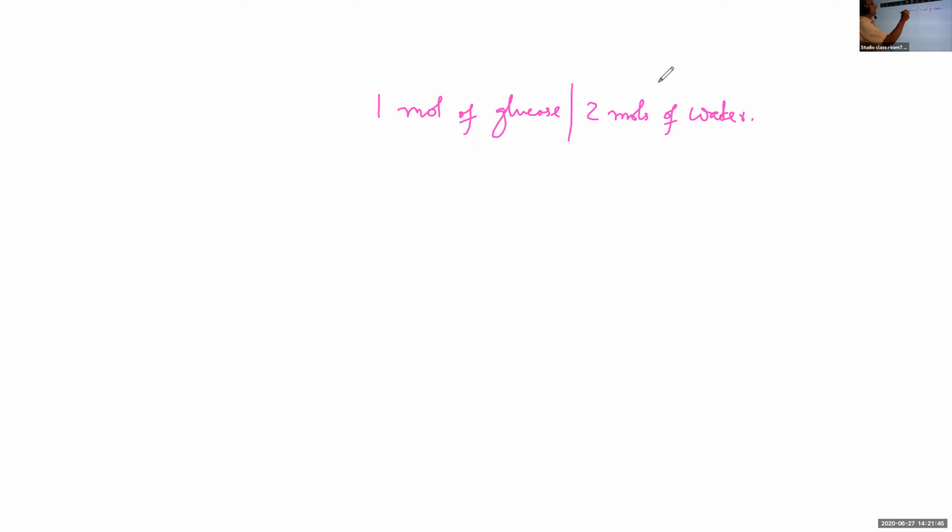Okay. Here, glucose is the solute, so the mole fraction may be written as XB, and water is the solvent, so you write the mole fraction of water as XA. And how to calculate this? You know, mole fraction XB is equal to number of moles of B, Nb, by total number of moles, Na plus Nb.